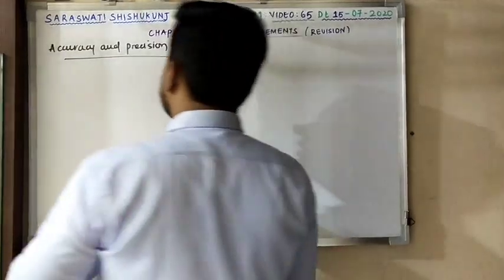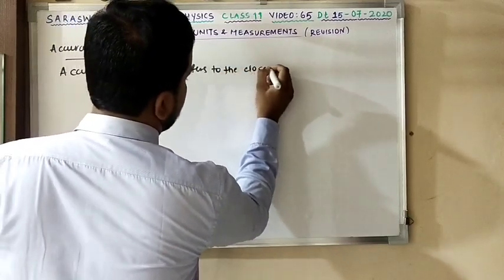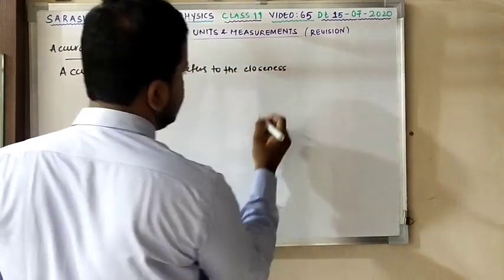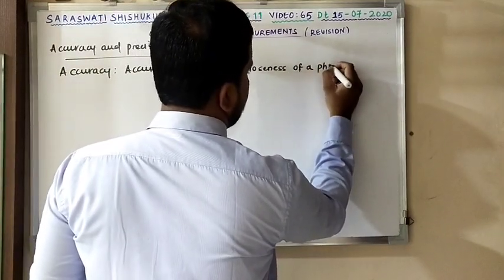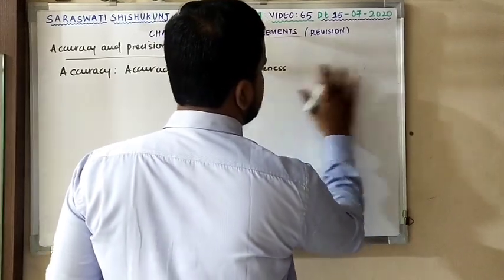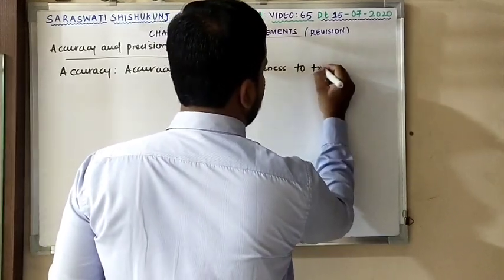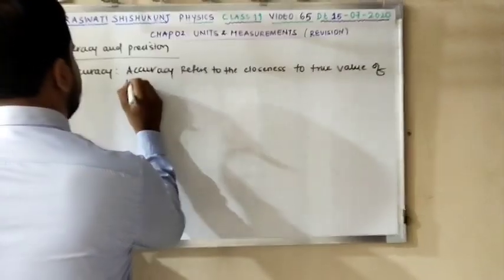So I can write, for accuracy: accuracy refers to the closeness of a physical quantity to its true value, the true value of the physical quantity.